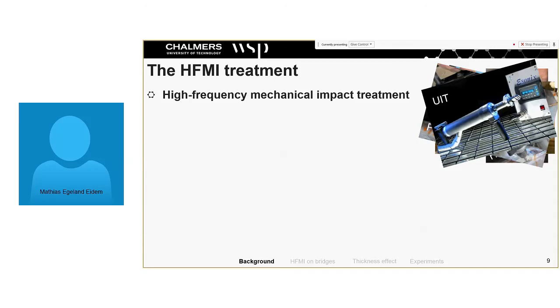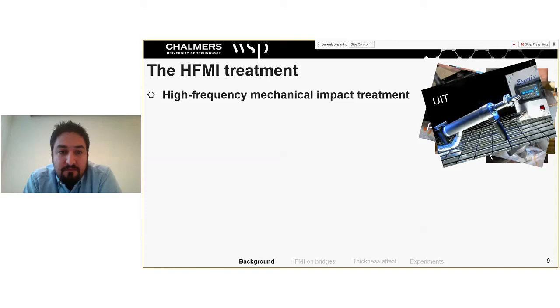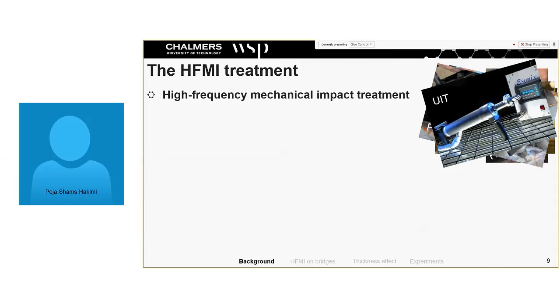Could it be something that you can use to fix a problem that you see occur? Yes, so you mean using this technique for refurbishment or repair? Yeah. Yes, this is actually something that is going on in research at our department. It is not something I have looked at, but I have come across several articles where they have investigated this, and it looks actually very promising.